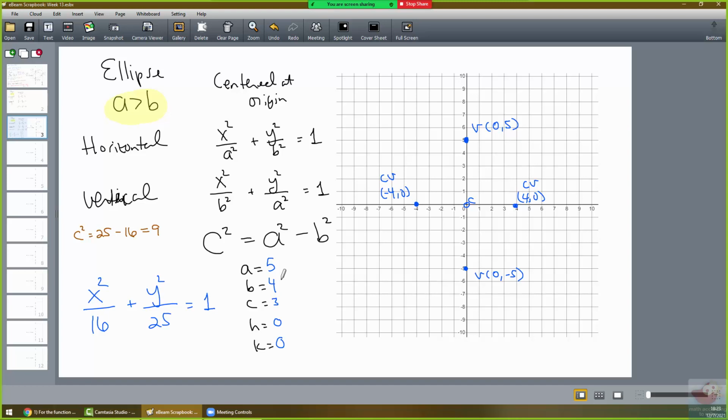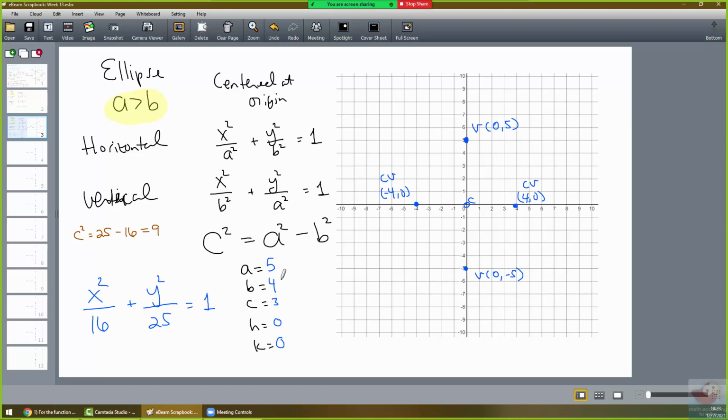At this stage, we could draw the oval. I'm just going to throw in the foci first. Just like a parabola, the foci are always inside the curve. So we had a parabola and the focus was sitting inside. Same idea, your foci have to be inside of your ellipse. And what that means is they are always in the same direction as a.